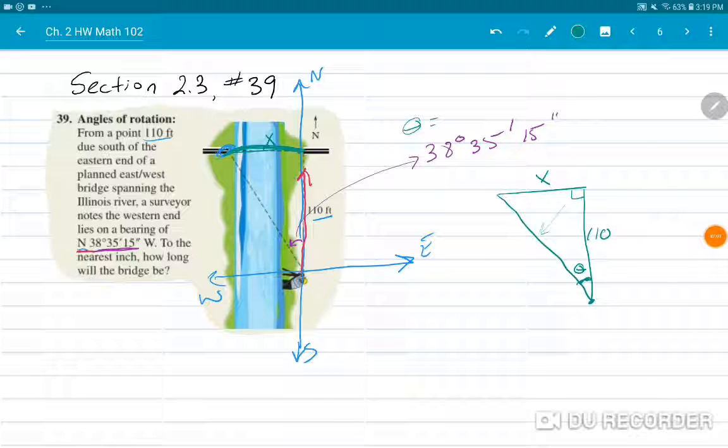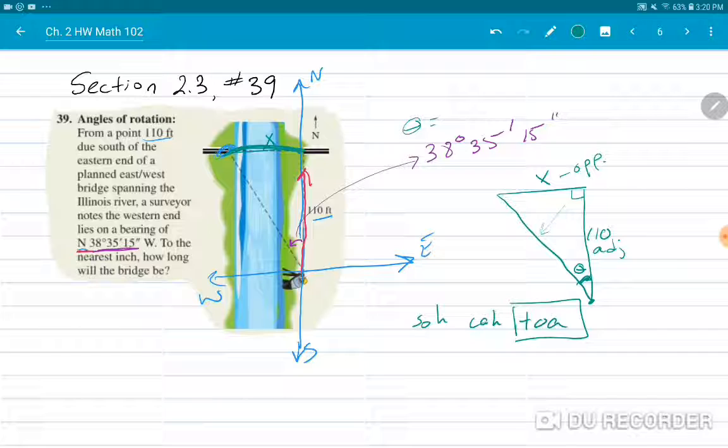So the three pieces that are of interest are this theta, the 38, 35, 15, the adjacent leg, and the opposite leg. So looking at SOHCAHTOA, the thing that has opposite and adjacent is the tangent.